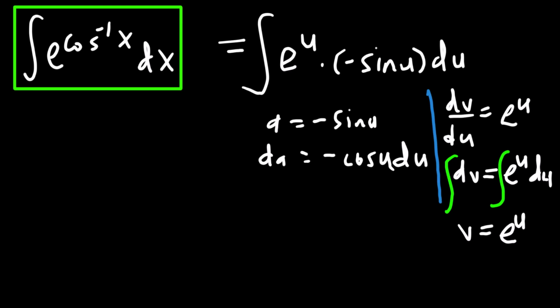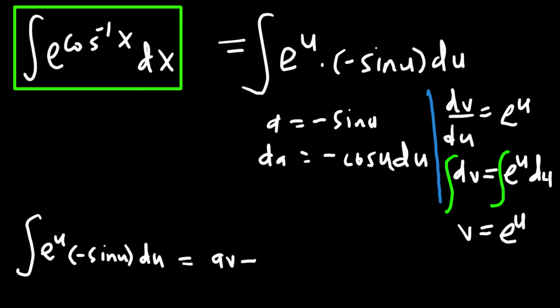Therefore, the integral of e to the power of u times negative sine u du will be equal to the formula we shall use, the formula of integration by parts. We shall have Av minus the integral of v times dA/du and then times du.